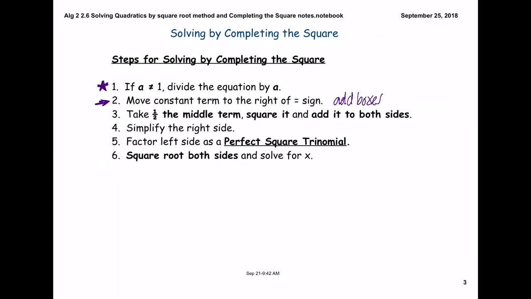We need to divide the middle term by 2, square it, and put that in both of our boxes on both sides. We need to simplify. We need to factor our perfect square trinomial, and then finish by solving for x.